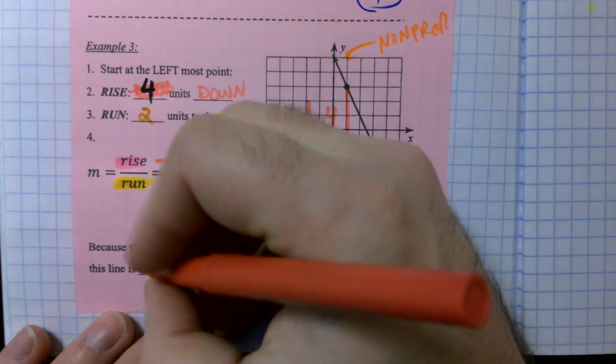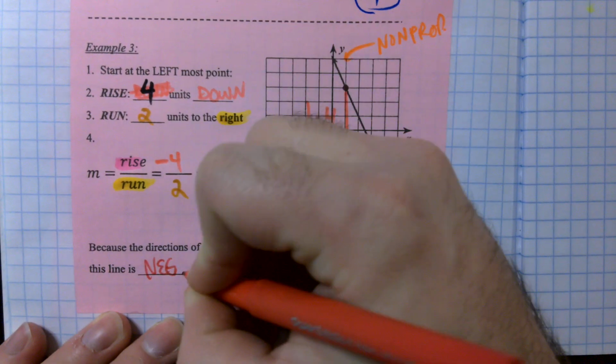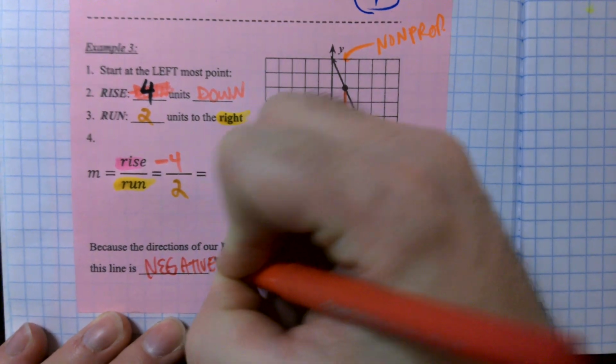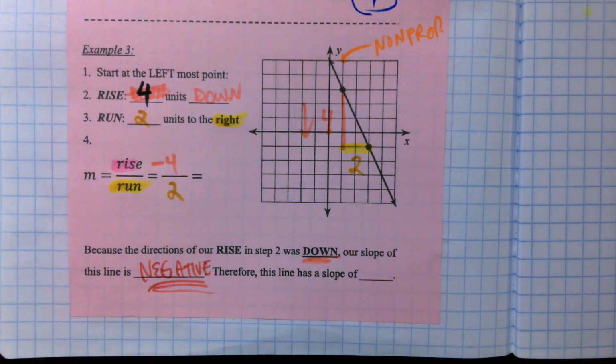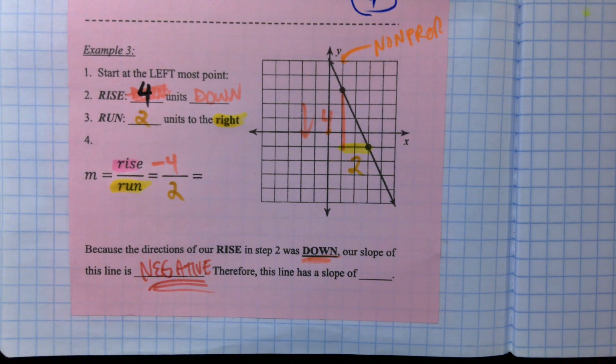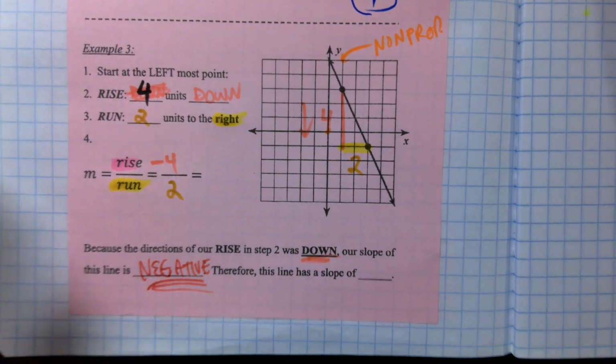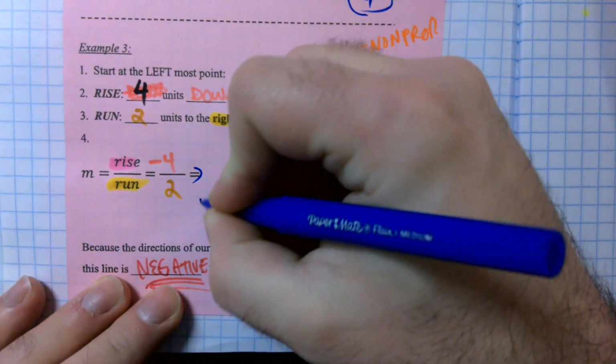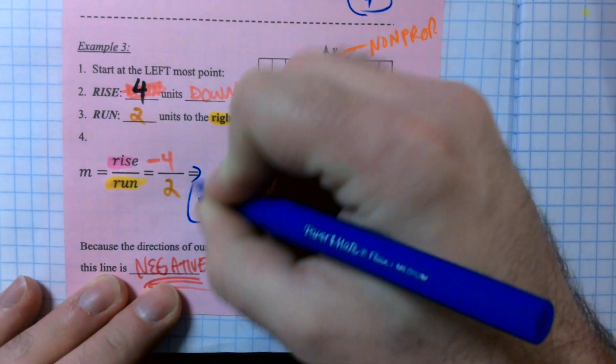Just fill in those blanks. Can I simplify 4 over 2? Yeah, what does 4 over 2 simplify to? Negative 2. Oh, M equals negative 2.